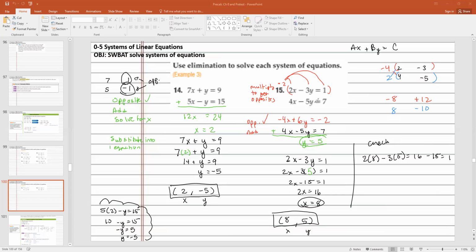So we get 1. Yay. And then here, 4 times x is 8 minus 5 times y is 5. So you get 32 minus 25 gives us 7. Yay. So it's correct. Okay, that's how you can check.